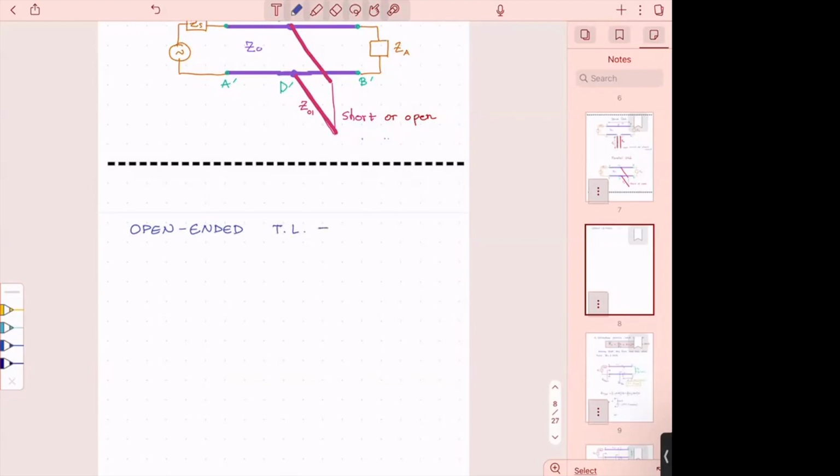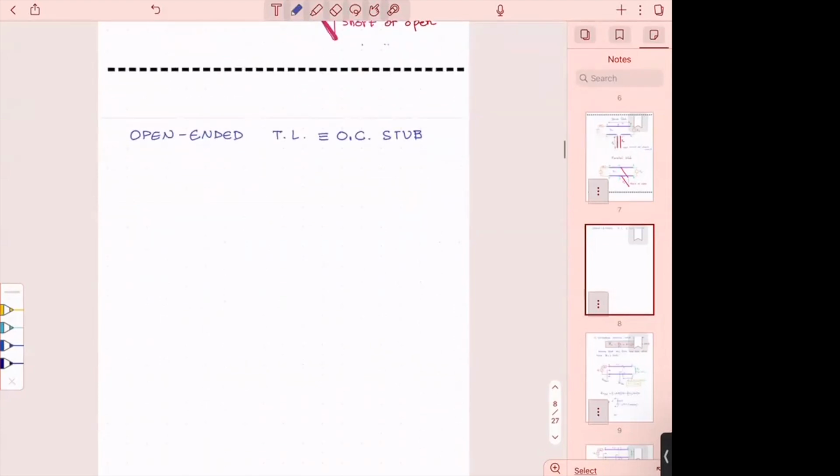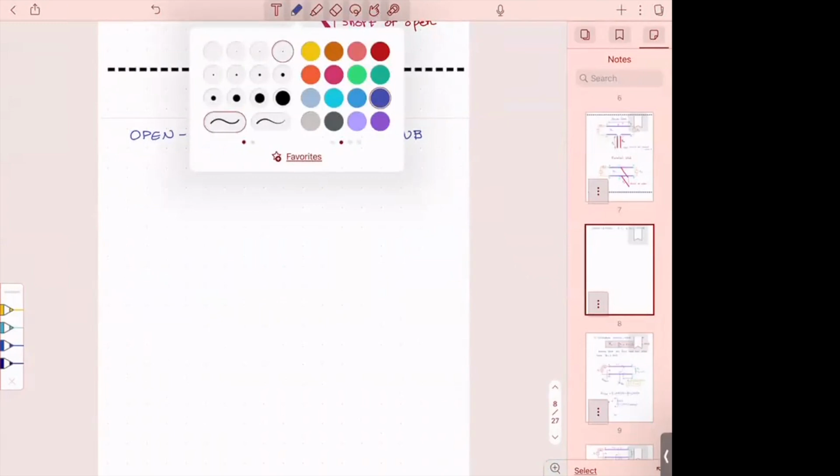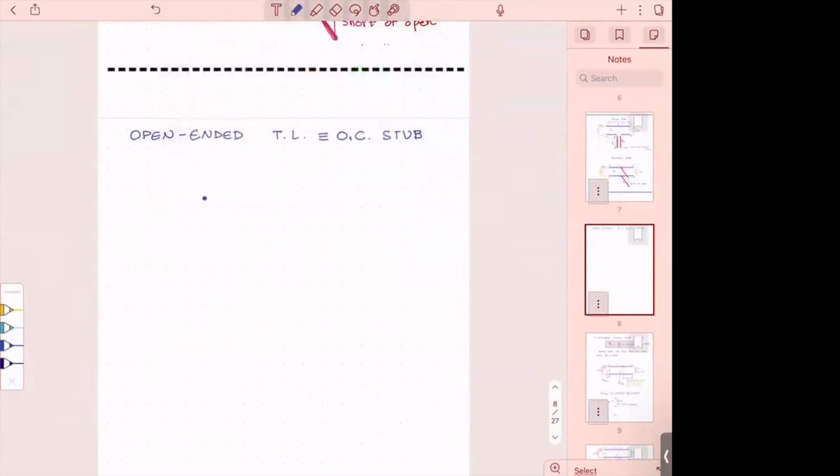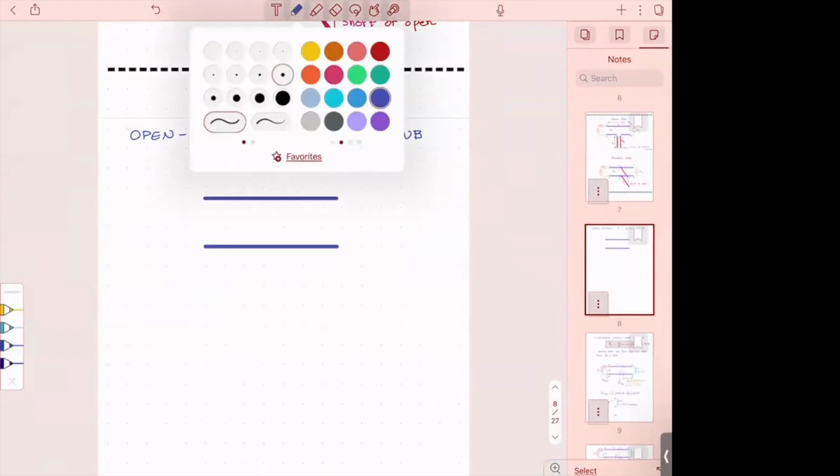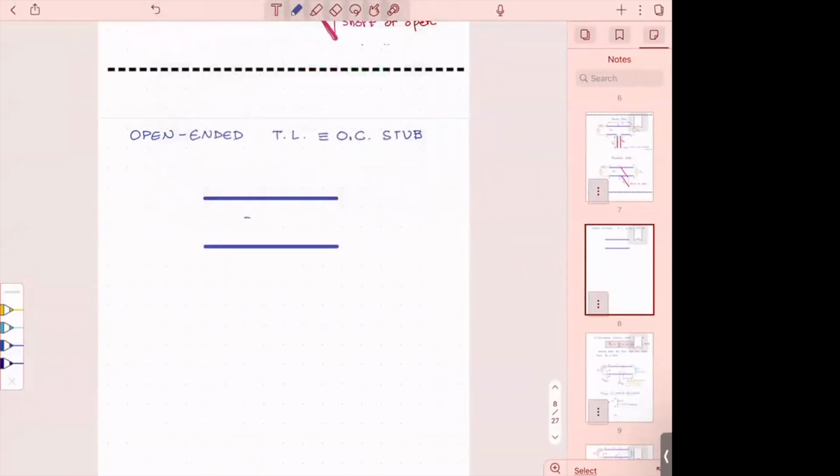That is called an open circuit stub. That's the name we give it. How does it look? It's a transmission line like this. It has a characteristic impedance. We can use Z not 50 ohms. It's up to us since we are designing. And usually 50 ohms is a standard.